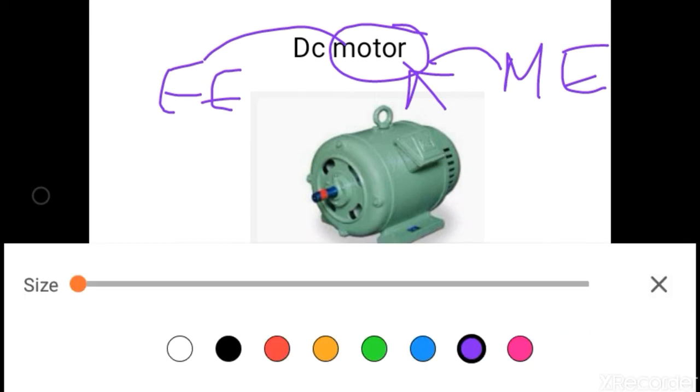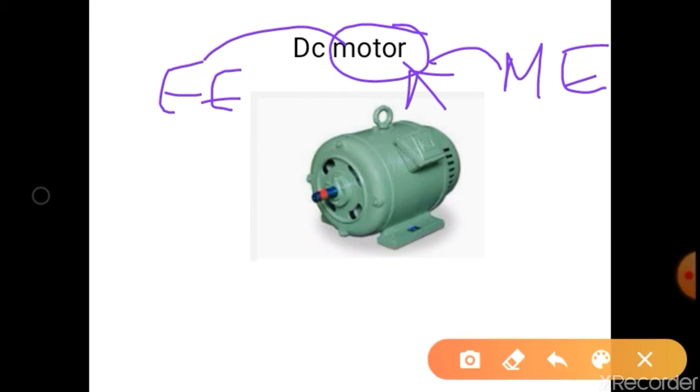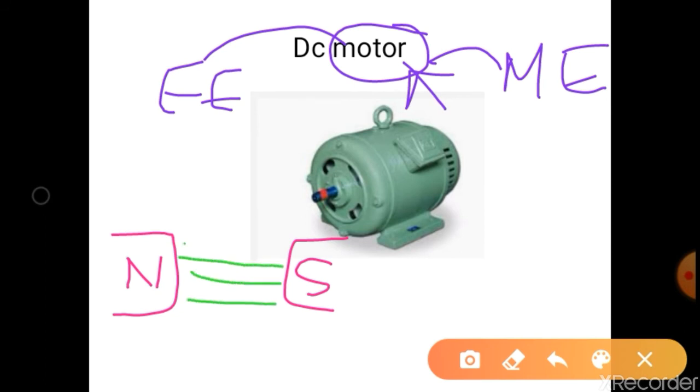I will take two magnets here, with an N pole and an S pole, and there will be a magnetic field around these magnets. The direction is from the north pole to the south pole.